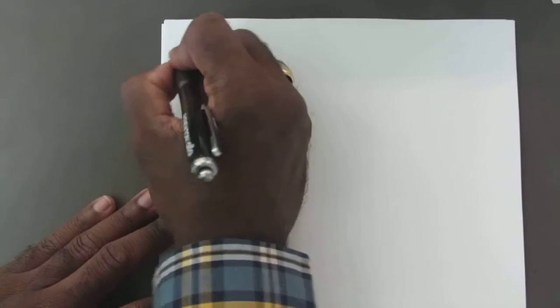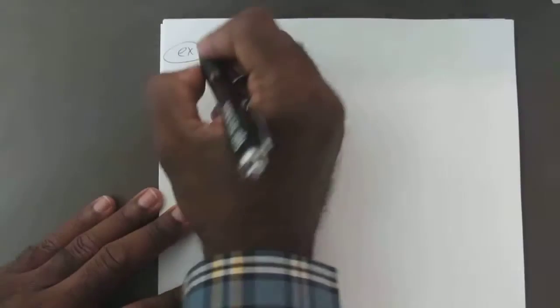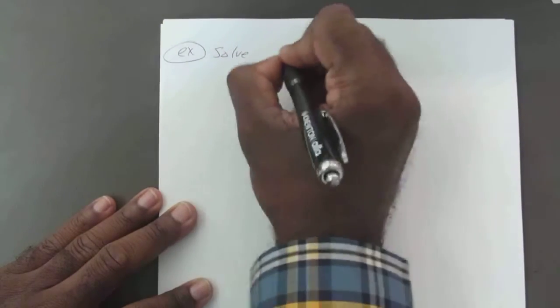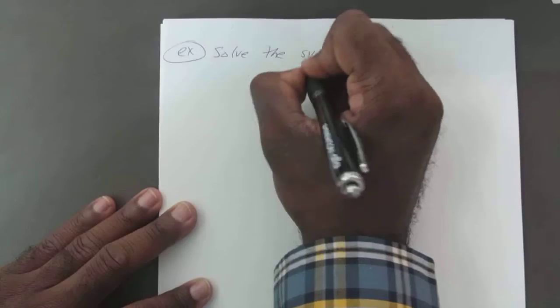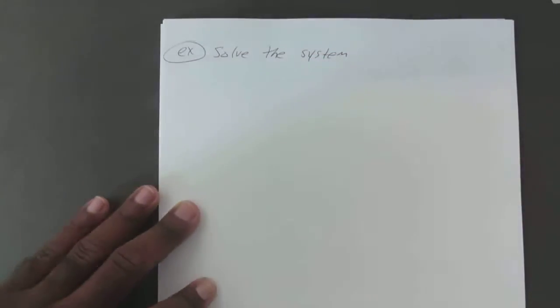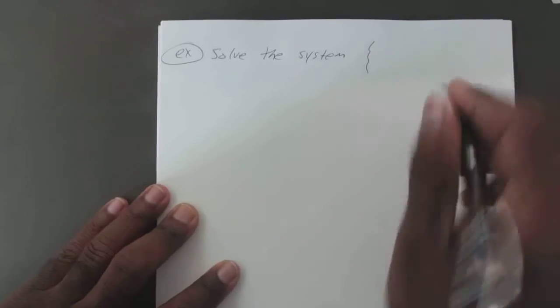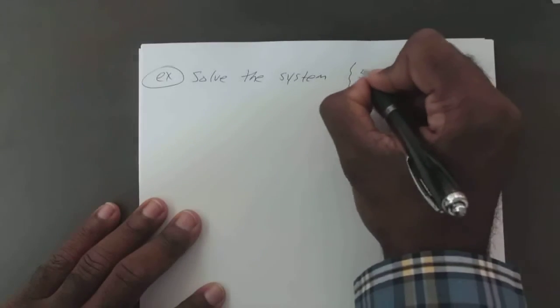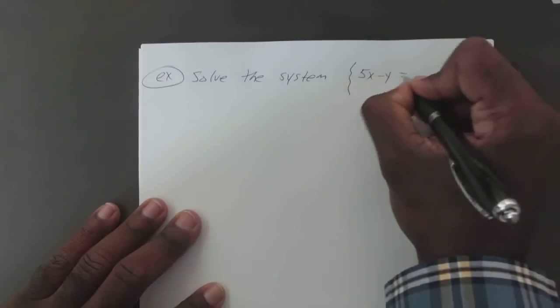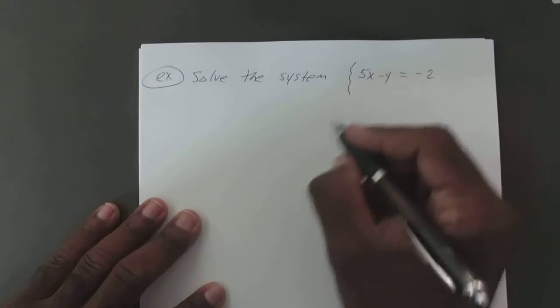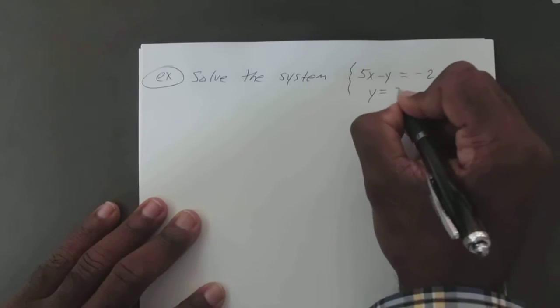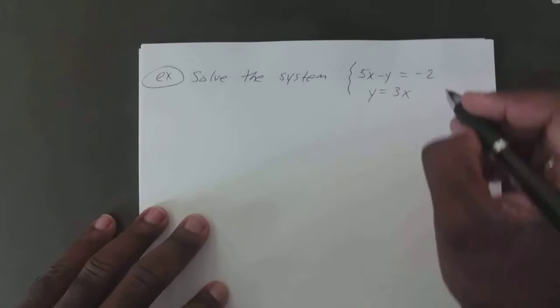Let's say we have another example. Say we want to solve the system 5x minus y equals negative 2, and y equals 3x.